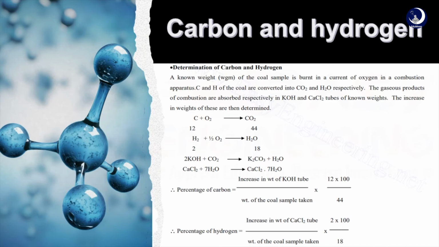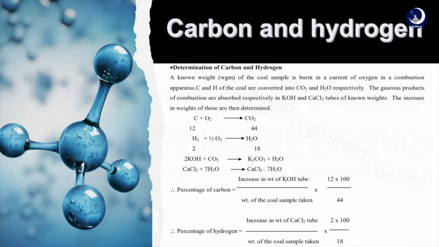By the formula, C plus O2 gives CO2, and H plus half O2 gives H2O. The products of combustion are absorbed respectively in KOH and CaCl2. That is, 2KOH plus CO2 gives K2CO3 plus H2O, and similarly CaCl2 plus 7H2O gives CaCl2.7H2O.